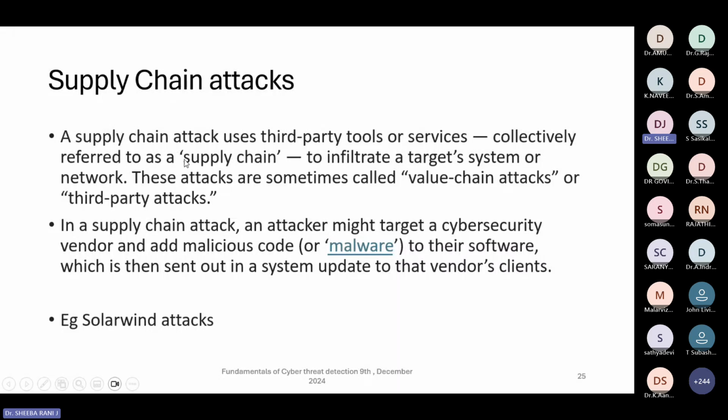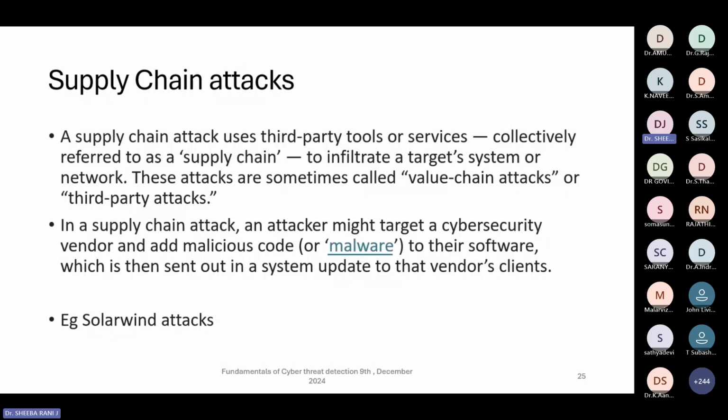To infiltrate a target system or network, these attacks are sometimes called value chain attacks or third-party attacks. An attacker might target a cybersecurity vendor and add malicious code. Here he is targeting the event manager, the cybersecurity vendor, and in that vendor itself he adds malicious code.